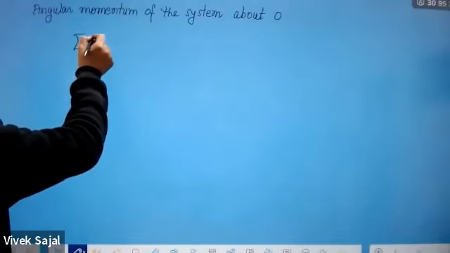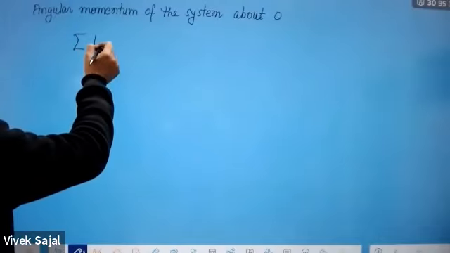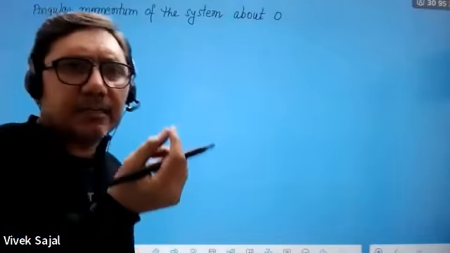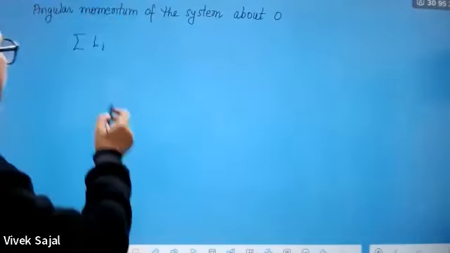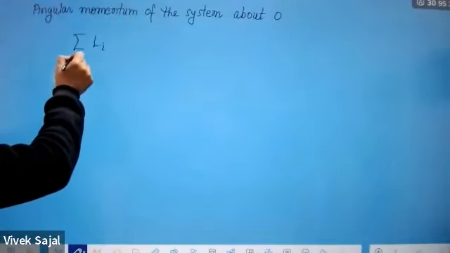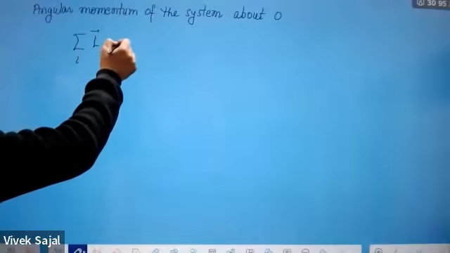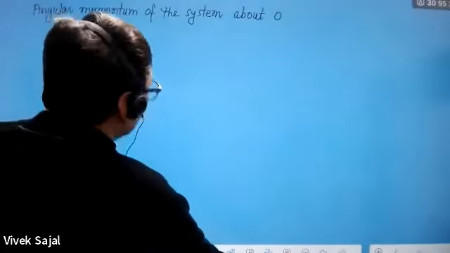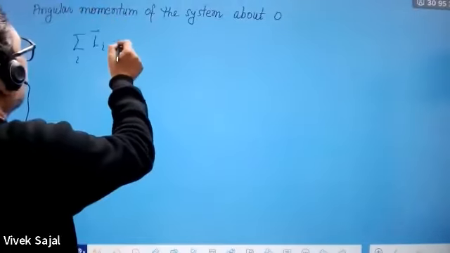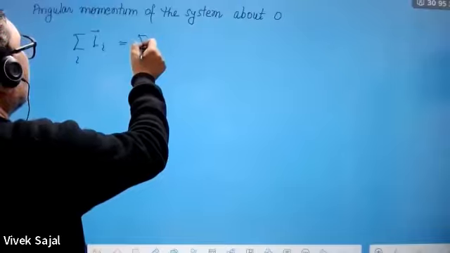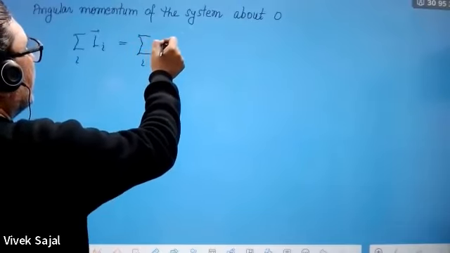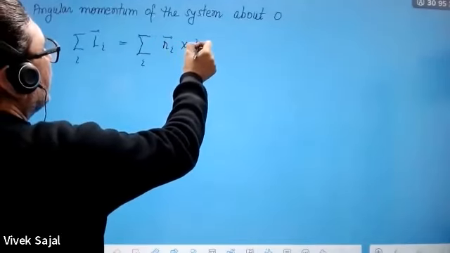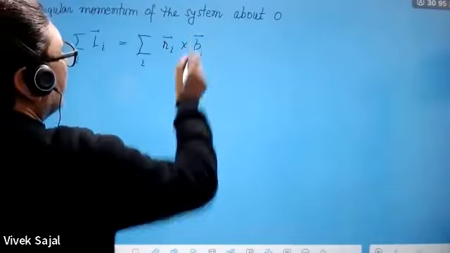In place of 1, you can write I, because L1 is representing only one particle. Here I'm writing I, and this summation is for all the particles. So this will be summation over I of Ri cross Pi.